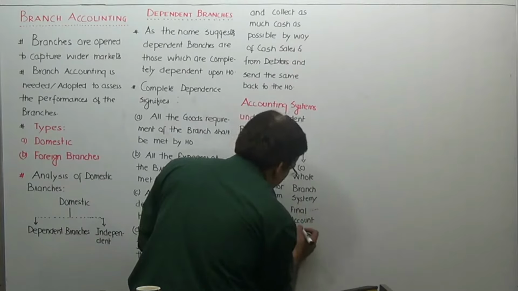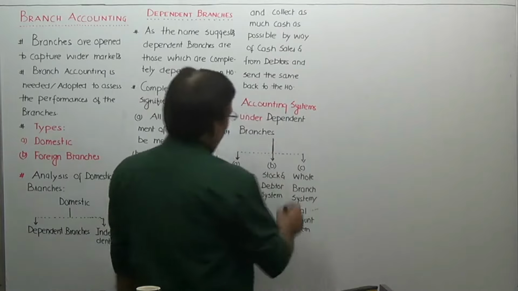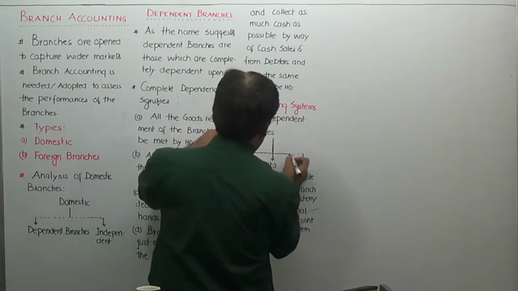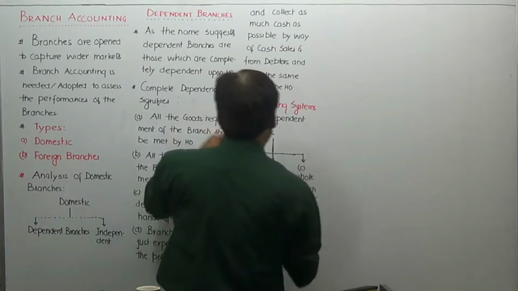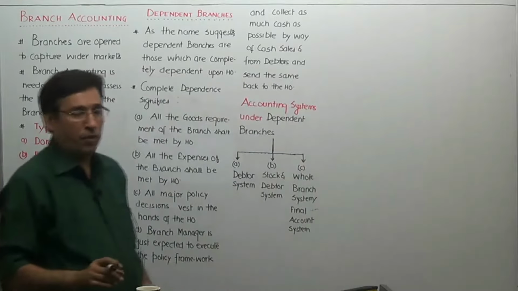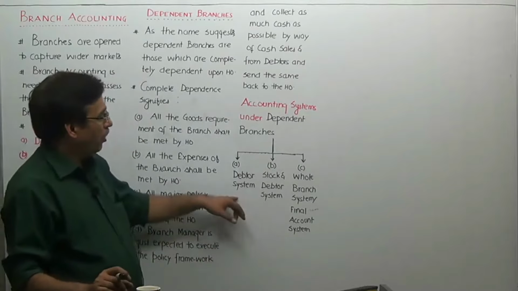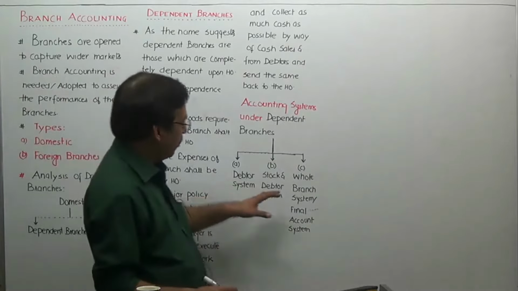So these are the systems which we would find later on as far as dependent branches are concerned. So there are 3 accounting systems which are generally adopted. Of course, a particular organization will adopt either the debtor system or the stock and debtor system.